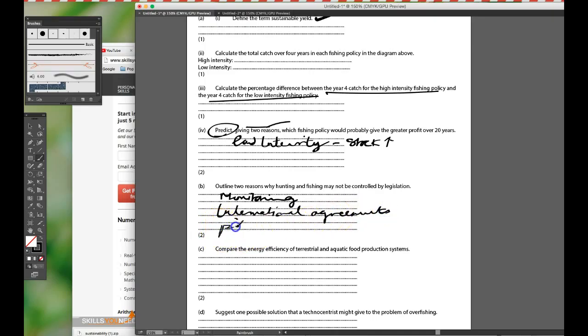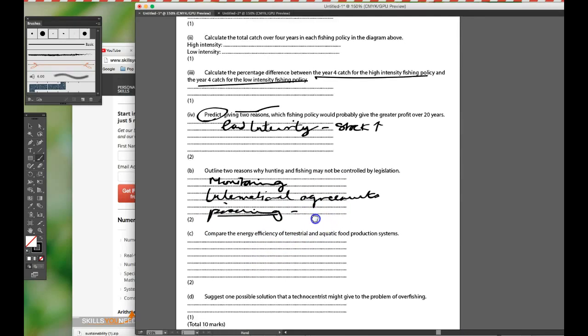You've got poaching, so you've got illegal activity, so perhaps even linked to poverty. I mean, it's very well to have a law, but if people are so poor that they have to poach for food in the jungle or to fish, then they're going to do that regardless of the consequences.